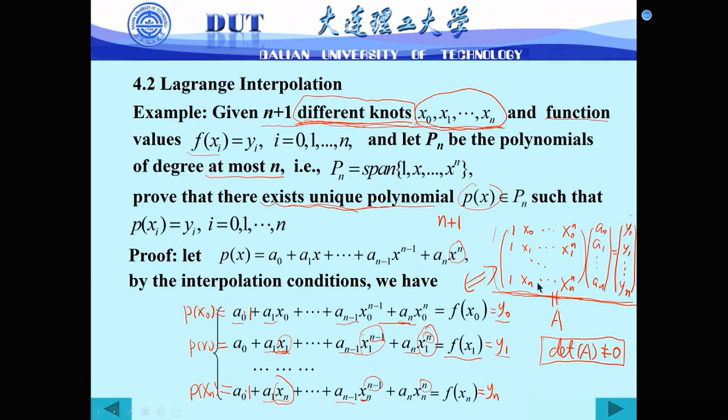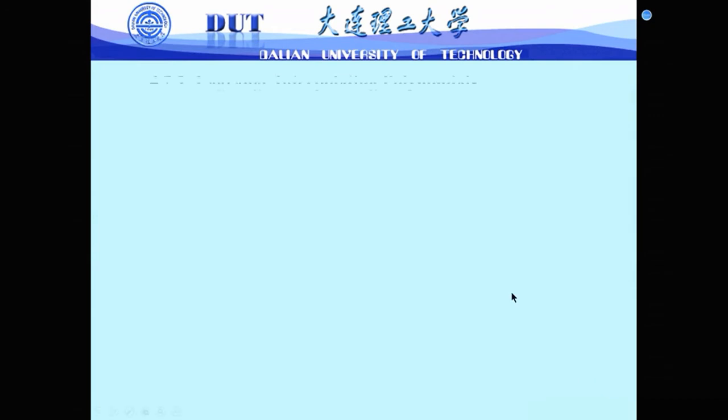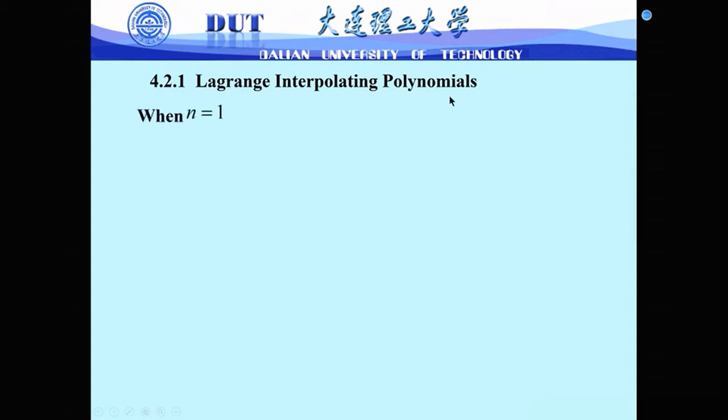But now we will learn another method to directly obtain the coefficients without solving this linear system. This is the Lagrange interpolation method. So you should know, we don't like to solve the linear system. We want to construct the interpolation polynomial directly.